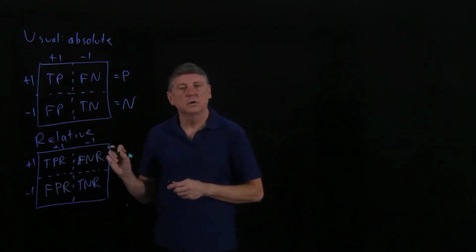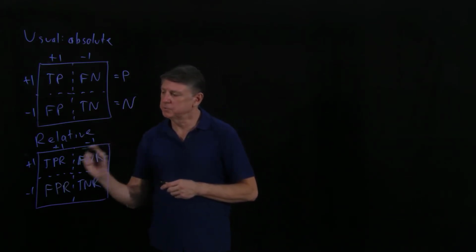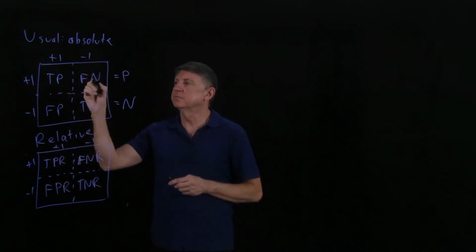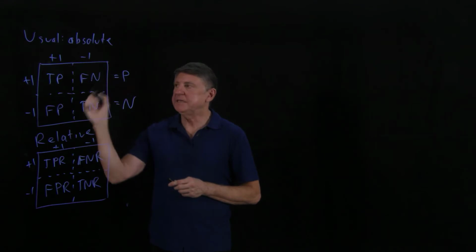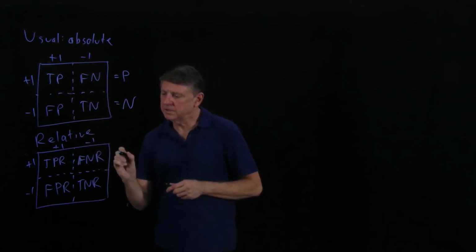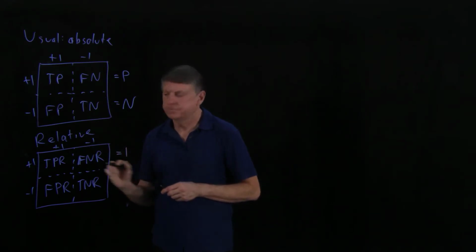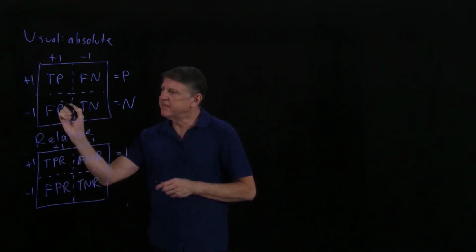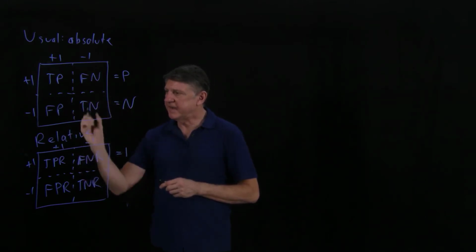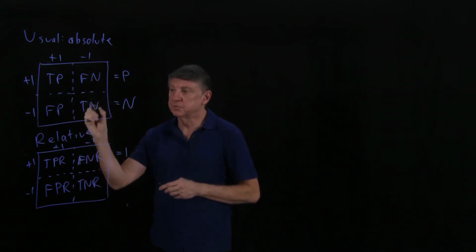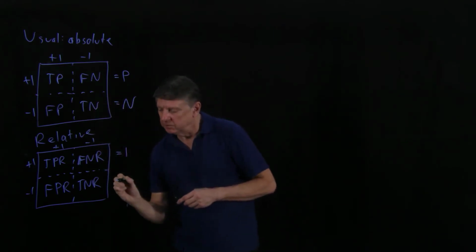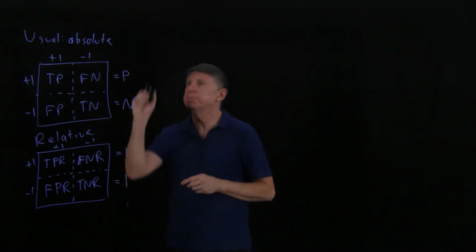Now, let's consider what the row sums would be. If I take the true positives plus the false negatives, that's P. If I divide those by P, then that row sum has to work out to be 1. Similarly, the false positive rate is false positives over negatives, and if I add the true negative rate, which is true negatives over negatives, that will be N over N, and so that also has to be equal to 1.